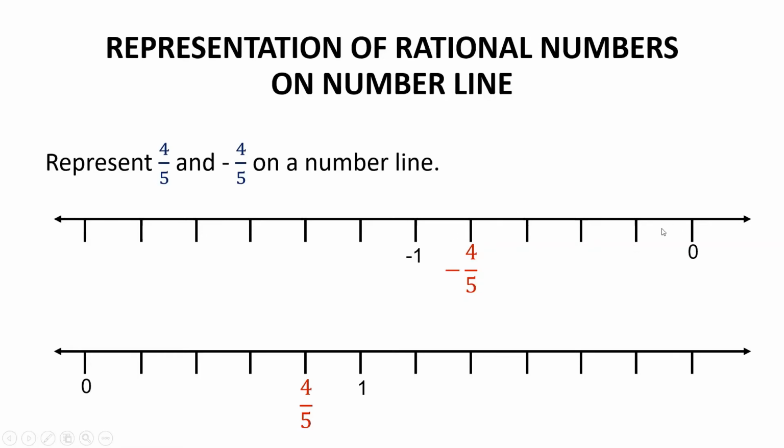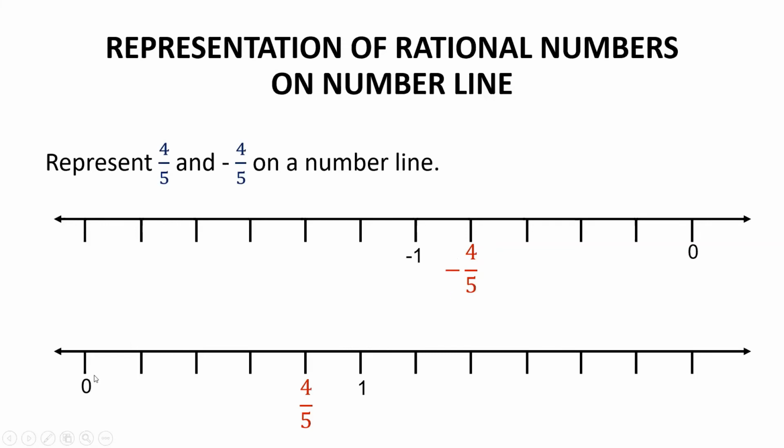And these 4 marks will divide 0 and minus 1 into 5 equal sections. This is the first section, second section, third section, fourth section and fifth section. And counting after 0, the fourth mark will represent minus 4 upon 5.